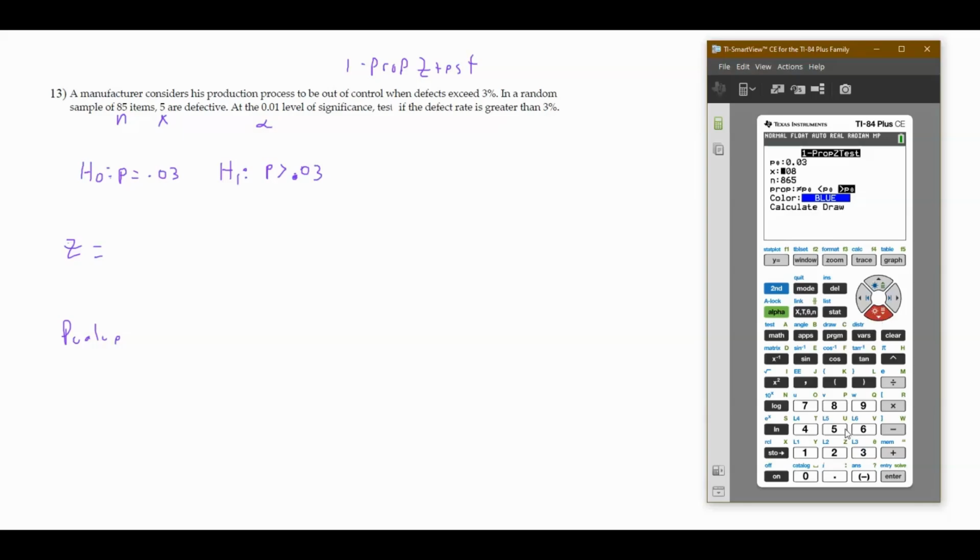What's x? Well, it's 5. 5 were defective in the sample. How big was the sample? n is 85. What does my alternative look like? Greater than. So that's already on. Then I hit calculate.